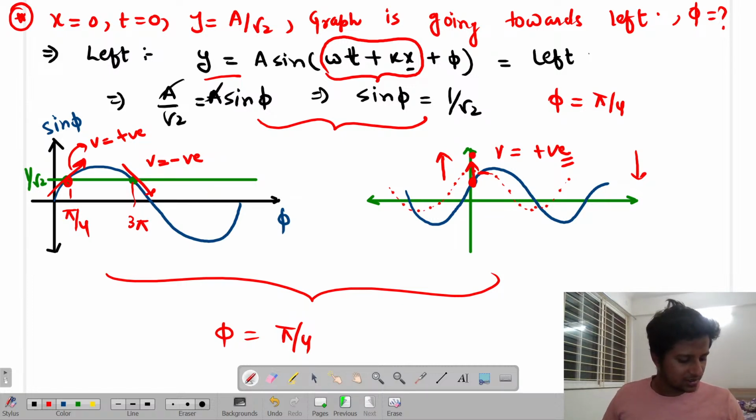Okay. If it is understood, then let us bring one more last thing, and that is called the linear wave equation.